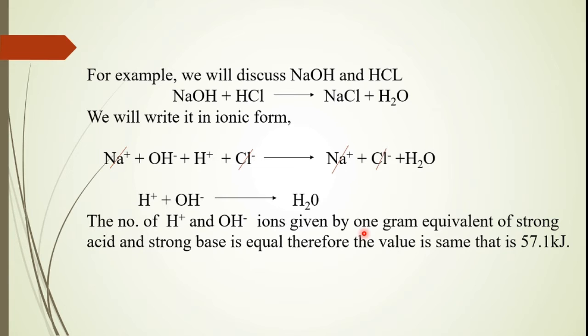So now whenever there is the question why the heat of neutralization is equal to 57.1 kilojoule for the strong acid and strong base, you are able to give that answer, that is the number of H+ ion and OH- ion given by 1 gram equivalent of strong acid and strong base is same. That is why the heat of neutralization for them is constant, and that is equal to 57.1 kilojoule.